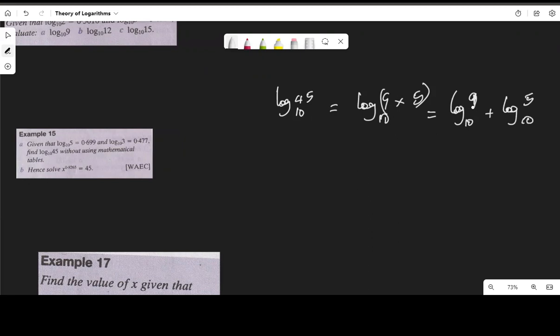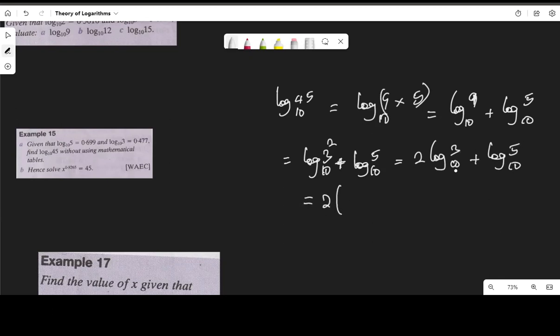And log 9 to base 10 can be written as log 3 squared to base 10 plus log 5 to base 10, which is 2 log 3 to base 10 plus log 5 to base 10.